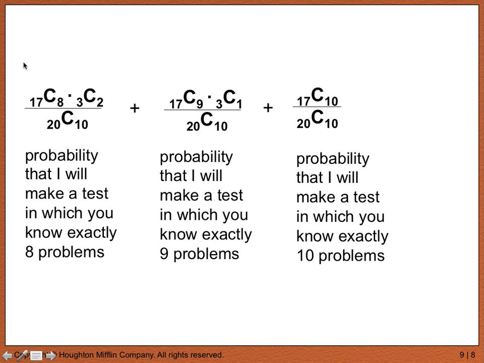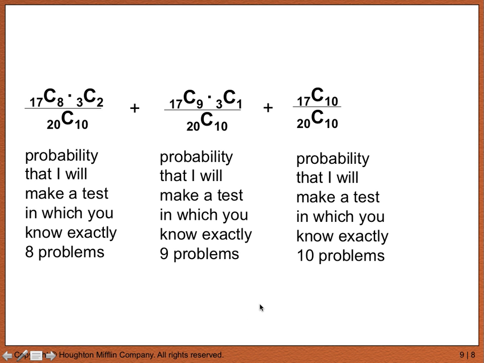Notice that all these probabilities together, when we add them, give us the probability of getting a test in which you know at least 8. Why? Because a test in which you know exactly 8 is at least 8. A test in which you know exactly 9 is also at least 8. And a test in which you know exactly 10 is also at least 8. That's why we need to add all these together.